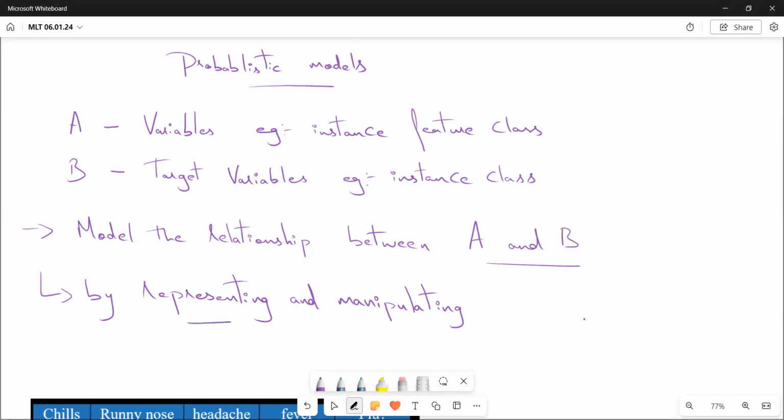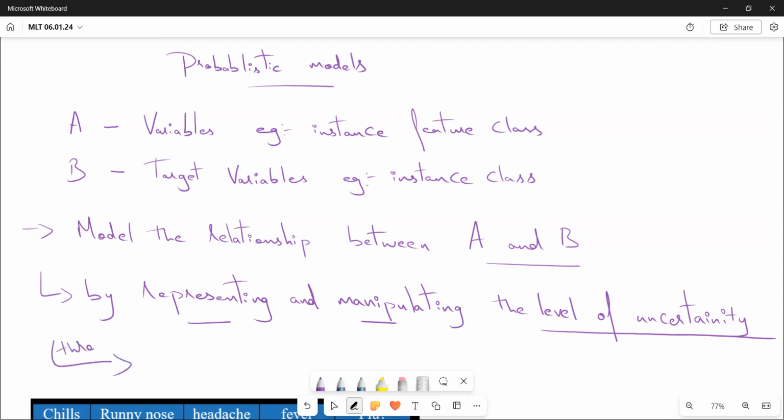We're going to represent and manipulate the level of uncertainty that exists among these variables, through what? Through probability distribution, which is called probabilistic models.